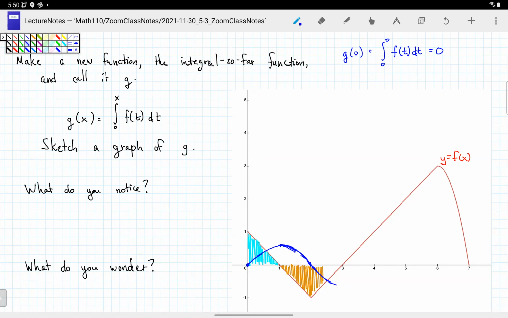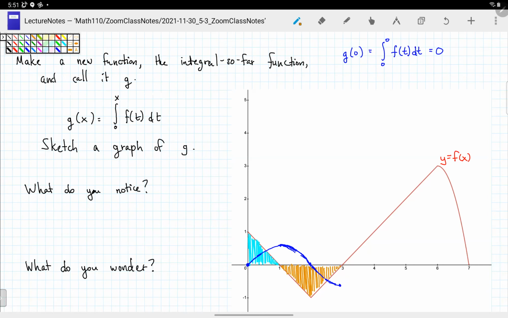It's getting less steep is what is happening. So the slope is becoming less steep. And then I get to x equals 3, and remember, g of 3 was -1/2. That's at g of 3.